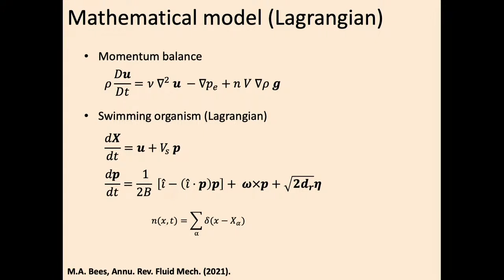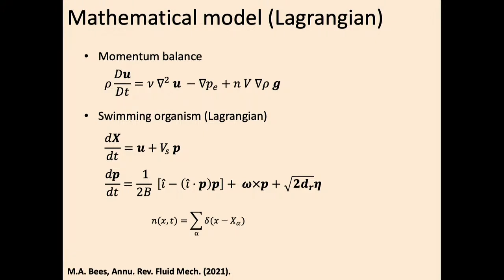The dynamics of the organisms is very easy. The velocity of the organism is nothing but the velocity of the fluid at the position of the organism plus the swimming velocity of the organism itself. That's what one typically uses. And the orientation of the organism, I already told you what the equation is; we discussed how a single organism swims about.